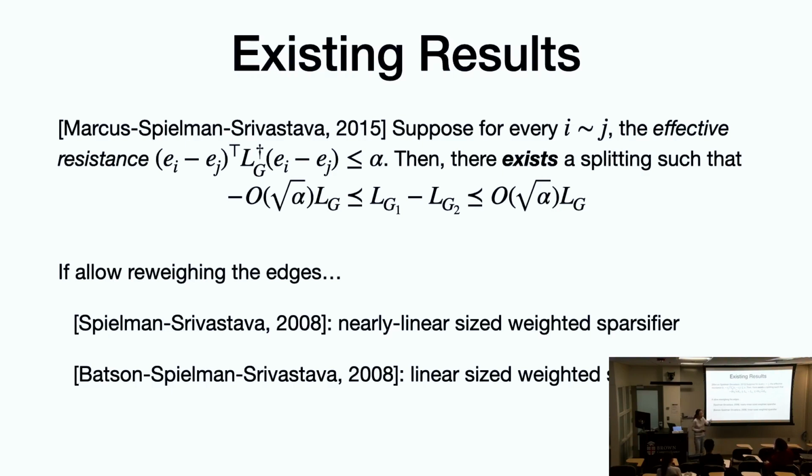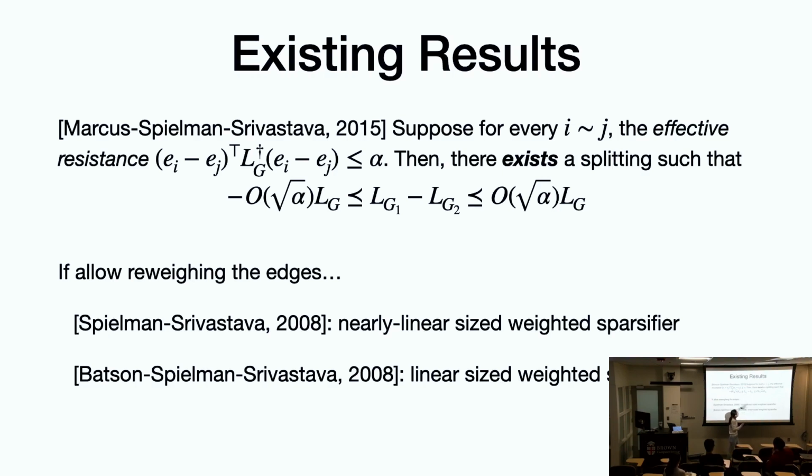Wait, sorry. Why does this work if you don't allow reweighting of the edges? Like if you repeatedly perform the splitting, then aren't you basically driving down? Yeah, and actually you can show that the maximum effective resistance of G1 is not too large. It's some number related to alpha, and the maximum effective resistance of G2 is also some number related to alpha.